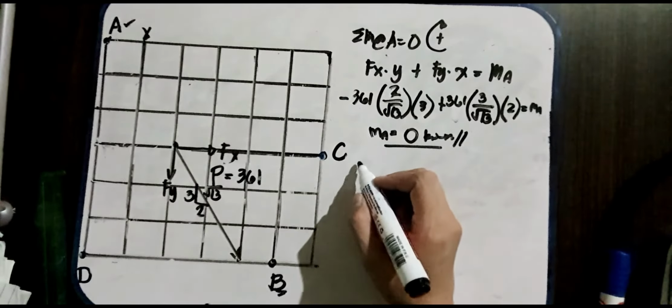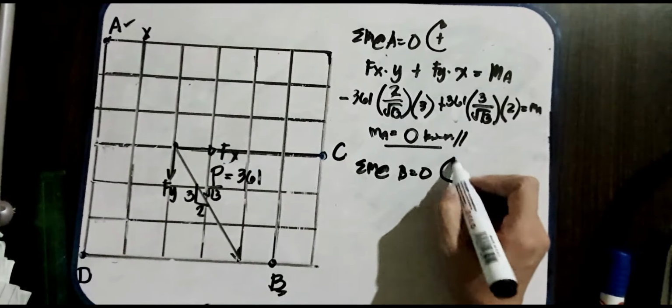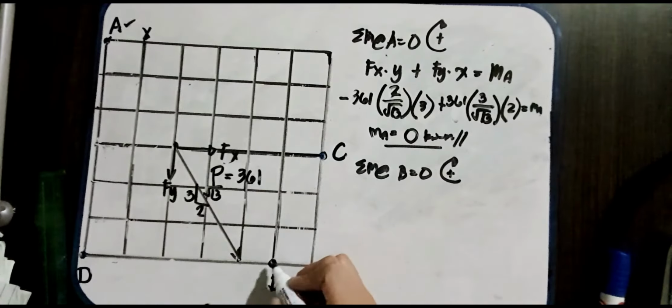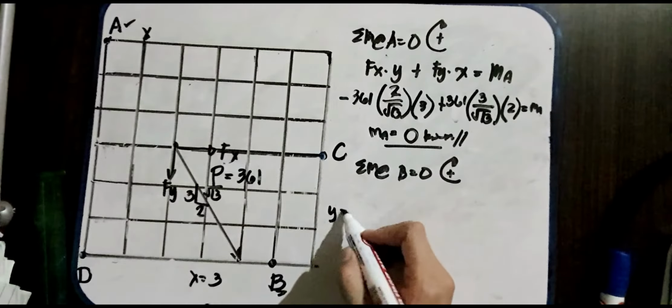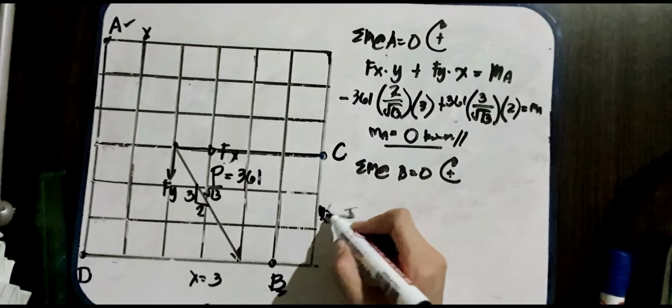Next, we have to do summation moment at B is equal to 0, clockwise to be positive. Okay, so ang reference natin is this point. So hanapin muna natin yung x, that is 1, 2, 3. How about yung y natin is also 3. Okay, liitan lang natin yung sulat, y, 3.